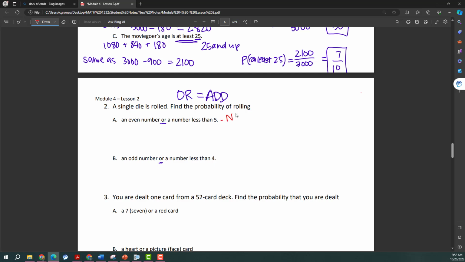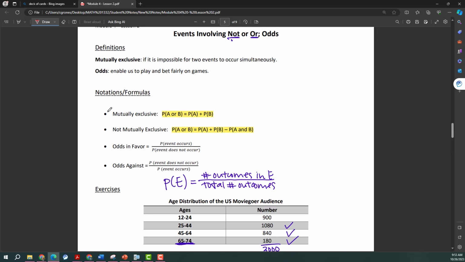So these are not mutually exclusive. So we're going to use that formula for not mutually exclusive. The probability of A or B equals the probability of A plus the probability of B, and then subtract the probability of A and B.